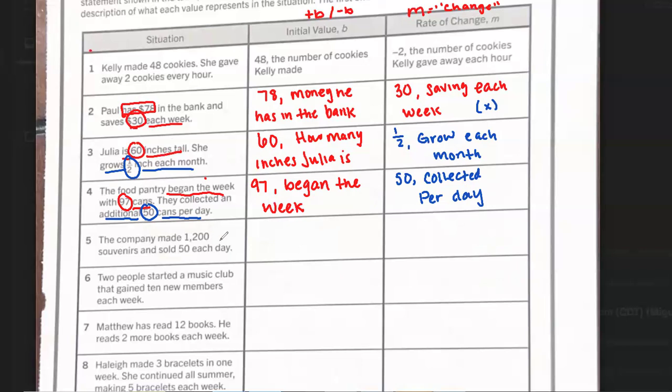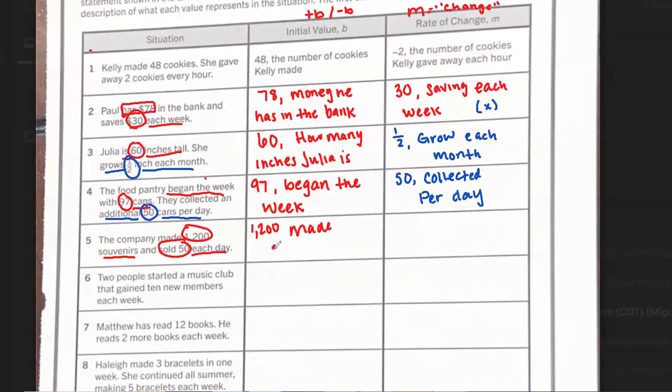We're finding the two numbers and we're writing those down. I'm gonna do one more with you and you're gonna end up doing the next ones. So this next one says, the company made 1,200 souvenirs and sold 50 each day. So my first number is 1,200, and that's how much the company made.